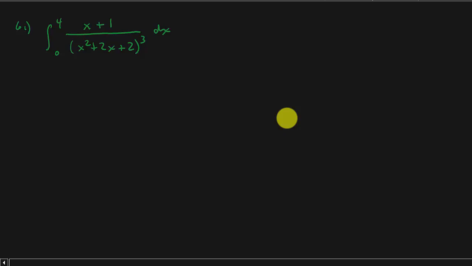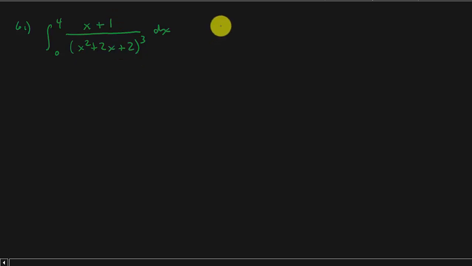All right, so let's look at this one. Remember what I said: if you have something in parentheses raised to a power, just look in there real quick, see what the derivative is, and see if that derivative is out here somewhere. So what's the derivative of this?